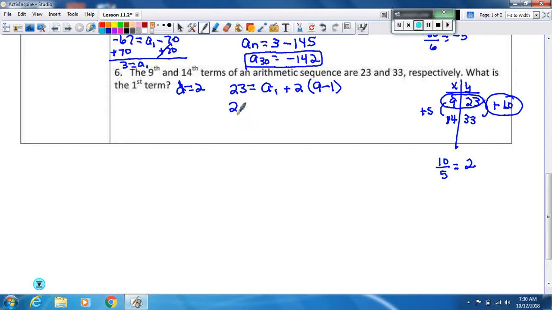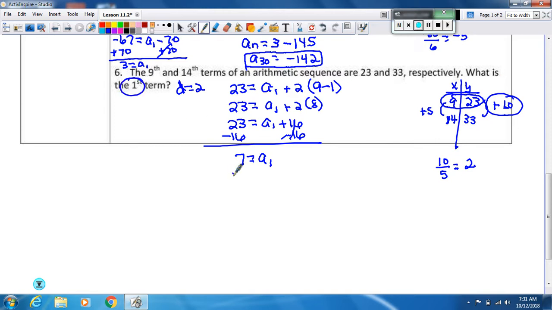Okay, so 23 equals A1 plus 2 times 8. So 23 equals A1 plus 16. Subtract 16 from both sides. So I get 7. 7 equals A1. And actually, if you read the question, that's what they asked us for, so we don't have to do any additional work on this one.